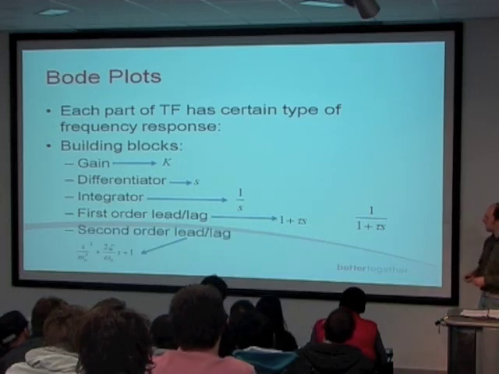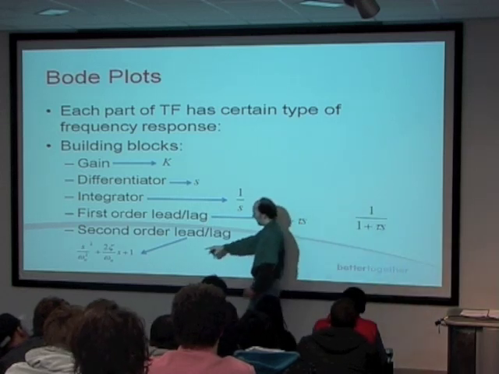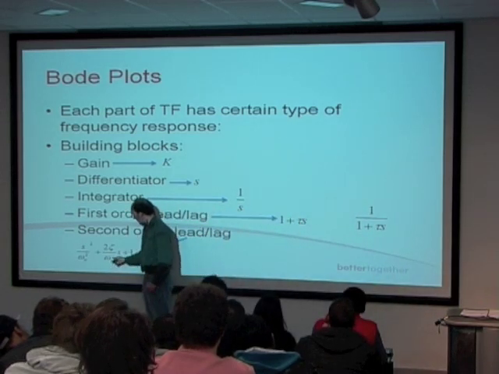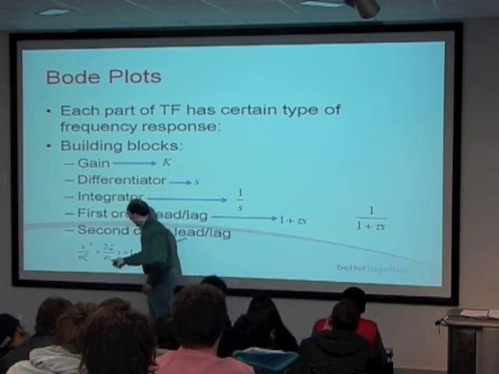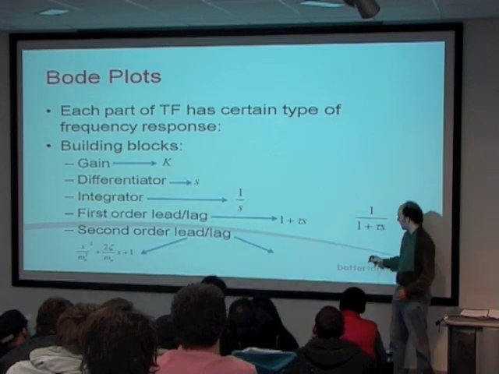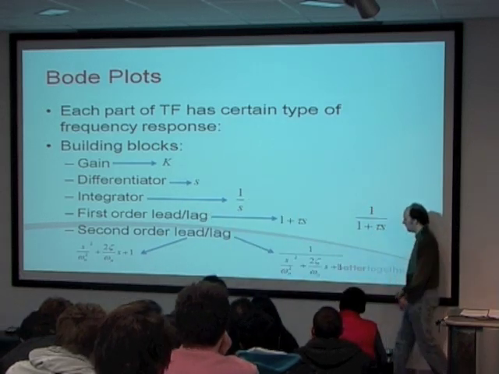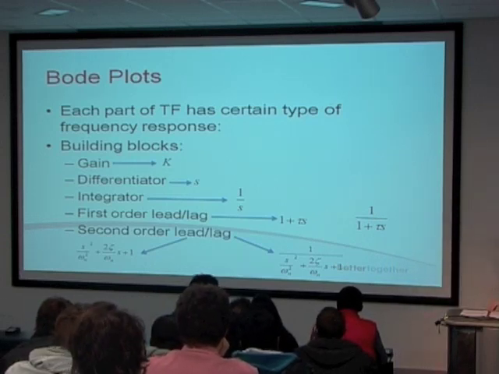Second order lead has that form. Notice this is the same form as we had before, but I've divided by omega n squared to get 1 here, omega n squared on the bottom and omega n there. And a second order lag we've seen before looks like this. Okay? So that's 1 over that second order function.